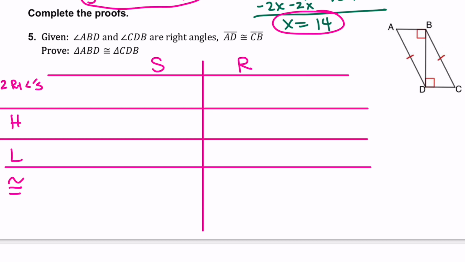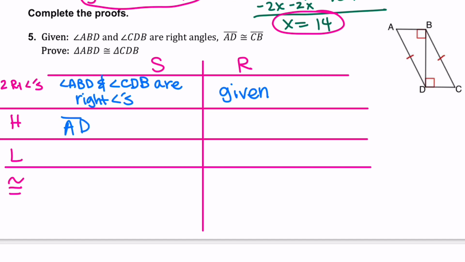So our first one is given: angle ABD and angle CDB are right angles. We are also given that the hypotenuses of both of these triangles are the same. AD is congruent to CB. That is also given.